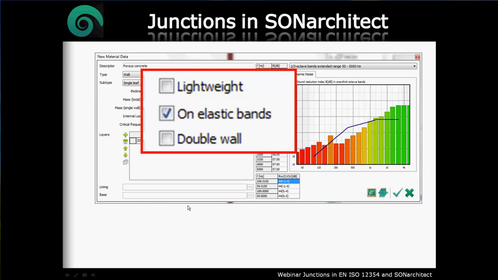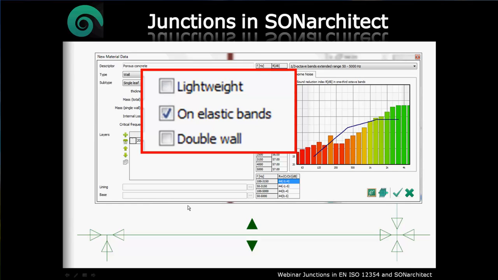When you select that option to say that this material has been measured on elastic bands, automatically, whenever you assign this material to a wall, this wall will be defined with an elastic layer on top and on the bottom of it.